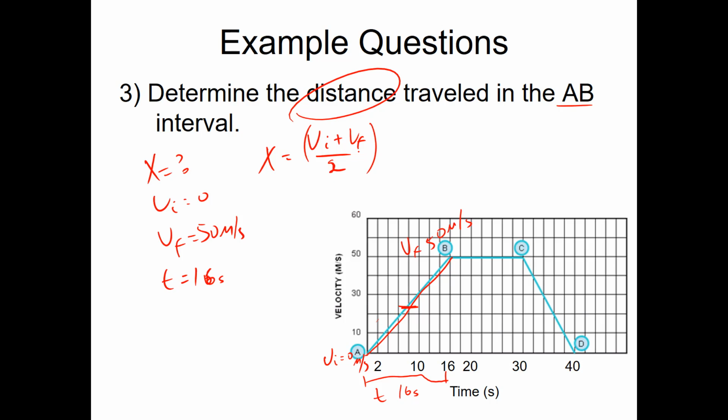This is more of an average velocity equation. Then it's multiplied by time. Plug in our numbers, we get x equals (0 plus 50) over 2 times the time, and time here is 16. So it's going to be 400 meters. There's your answer here.